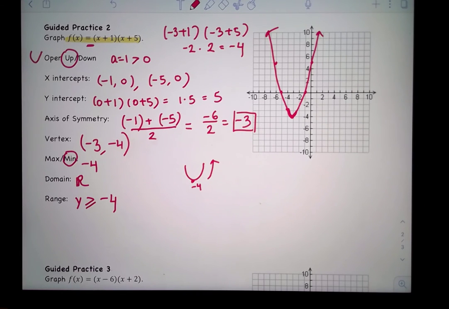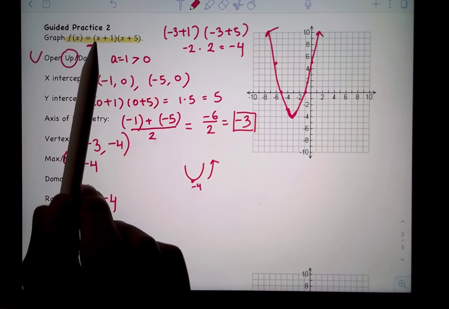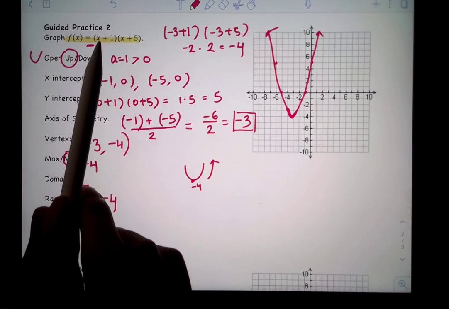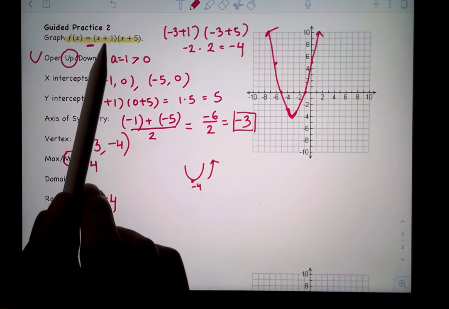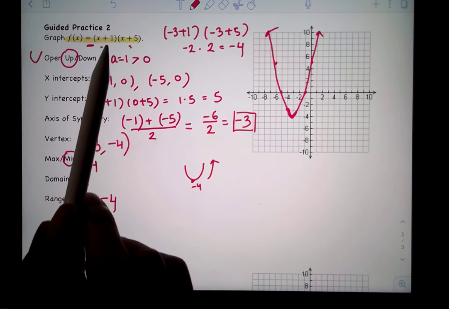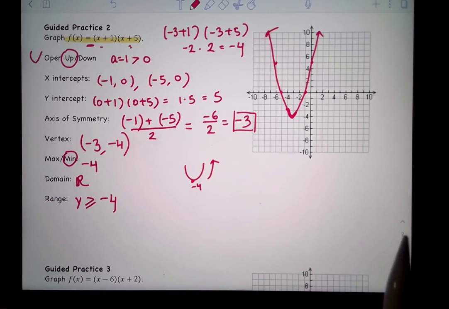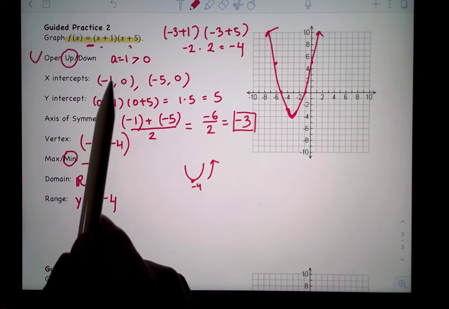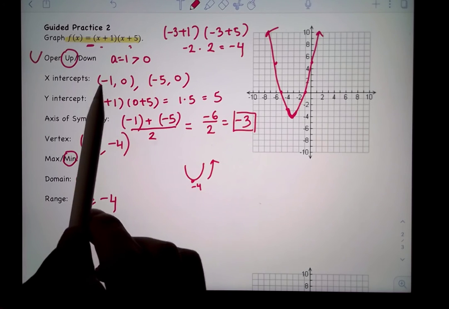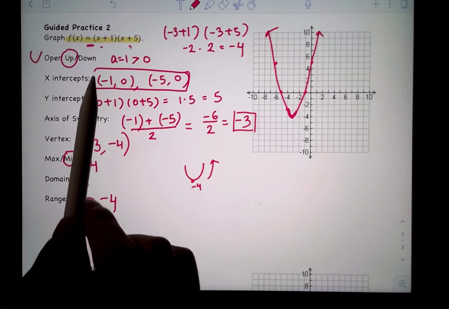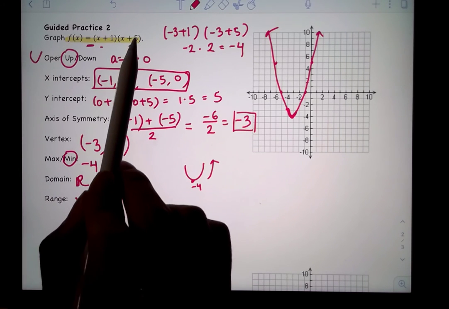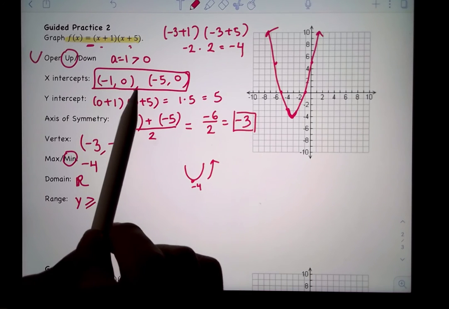Okay, get it, guys? It's kind of complicated, but the important thing is that's factored form or x-intercept form, so you can get intercepts directly. You're not doing anything, just change the sign. Then you will get your x-intercepts, get the midpoint. You're not using 1 and 5, you're using -1 and -5.